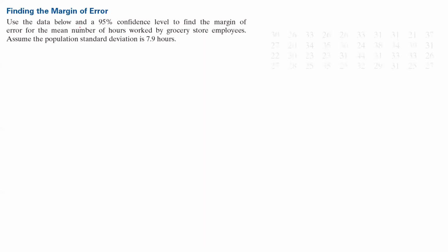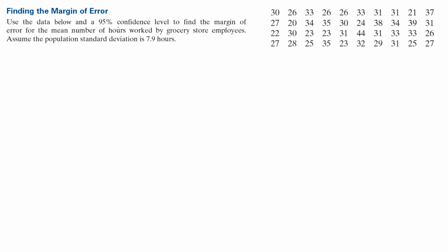Use the data below and a 95% confidence level to find the margin of error for the mean number of hours worked by grocery store employees, and assume that the population standard deviation is 7.9. So in this case, we have the standard deviation for the population.